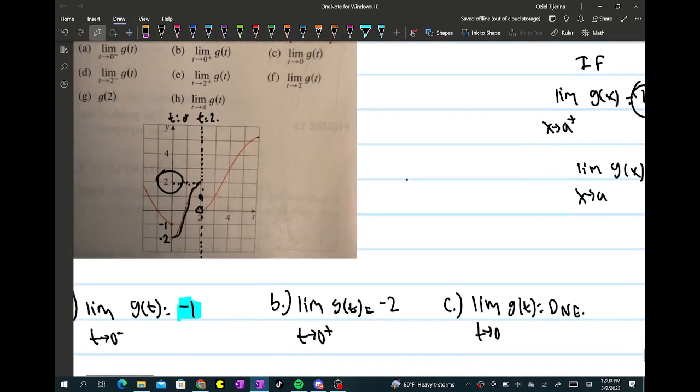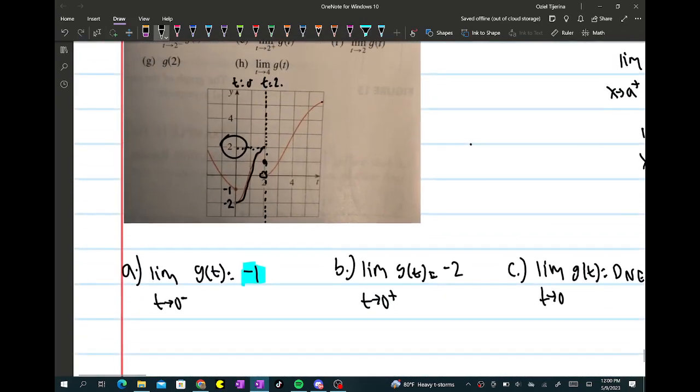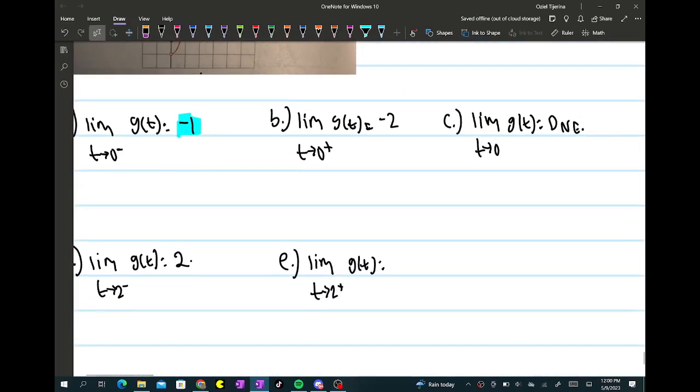And then part E says the limit as t approaches 2 from the right of g of t. So now we're going to look at the right-hand side. So again, from the right-hand side, here is the right-hand side, right here. From the right, as t approaches 2 from the right of g of t.